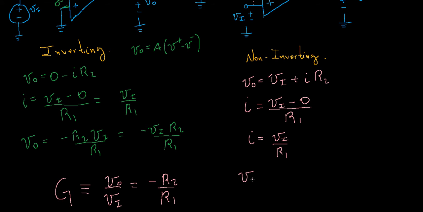So this implies that V naught is equal to VI plus R2 times I, which is equal to VI plus R2 times VI over R1.